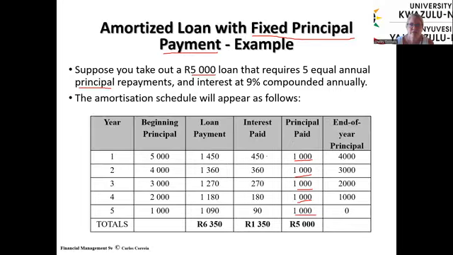So by the end of the 5th year, you've paid off the principal, you've paid a total of 1,350 in interest, and your total loan repayments of principal plus interest is 6,350. Okay, so that's when you're paying back a loan where you've got fixed principal payments. That's what you've negotiated.